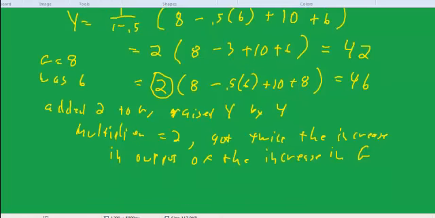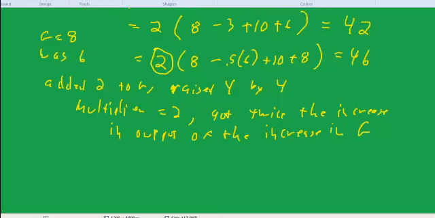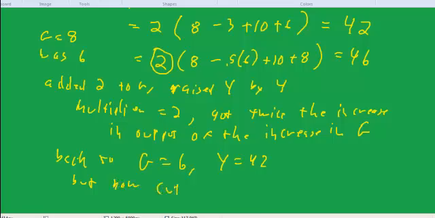Now the other thing we could do to try to raise output, let's go back to the original story where y equals 42. So back to G equals 6, y equals 42. But now let's cut taxes by 2.